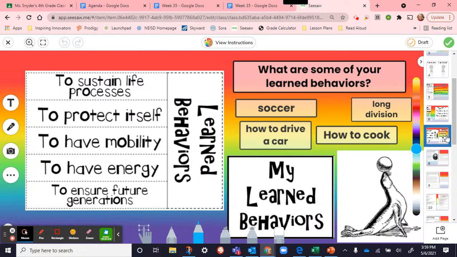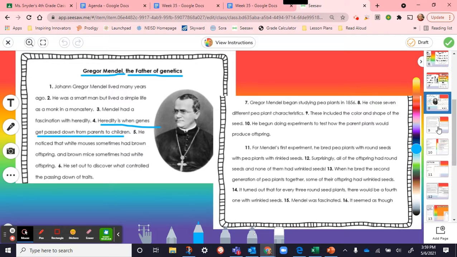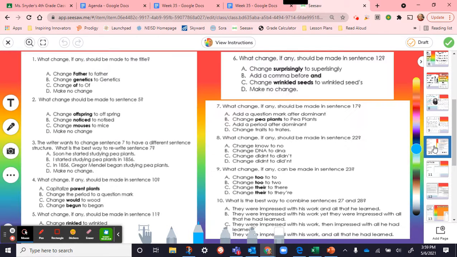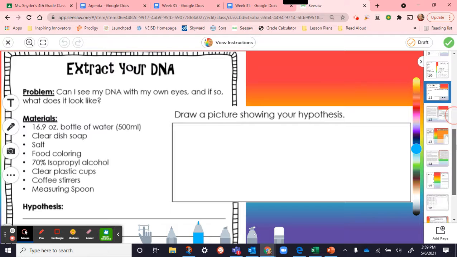Page 7, we listed some of our learned behaviors. Here we read about the father of genetics. Same on page 9. And then we answered on page 10. We also did our lab where we saw the DNA on page 11 and 12.